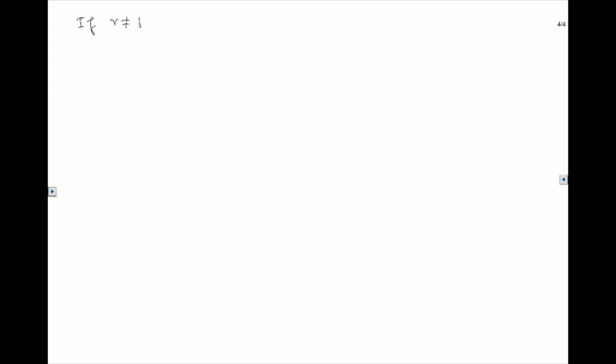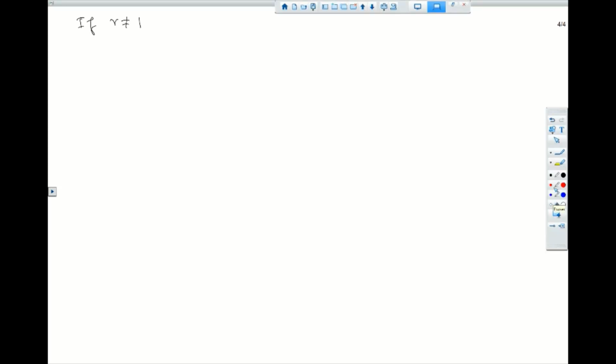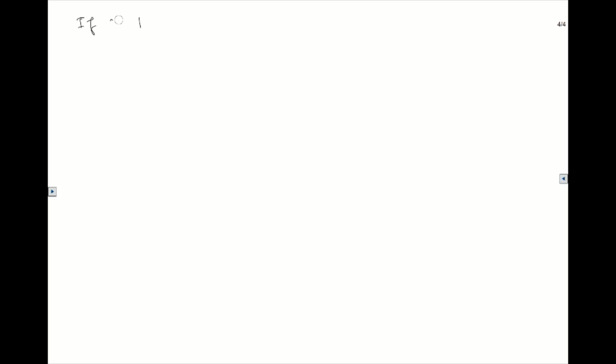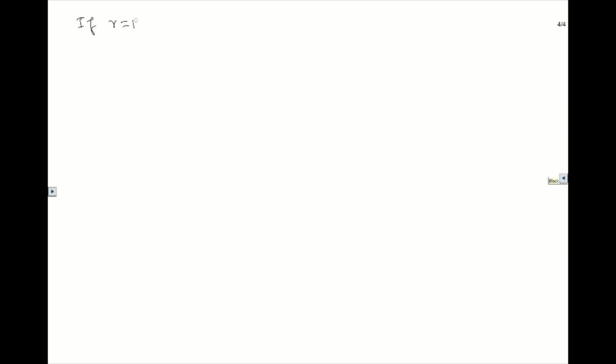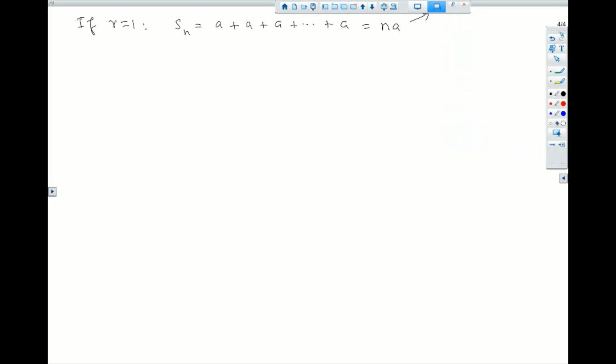But let's also consider r equals 1. Then Sn is simply a plus a plus a, just adding a, and there are n many terms, so this becomes n times a. You can see that this goes to infinity.